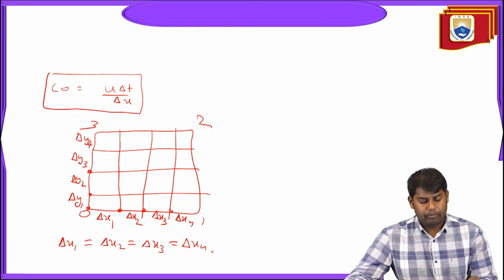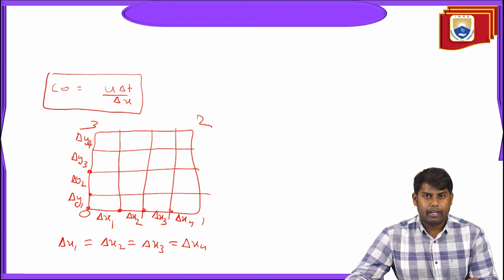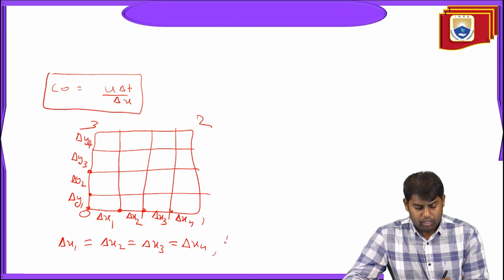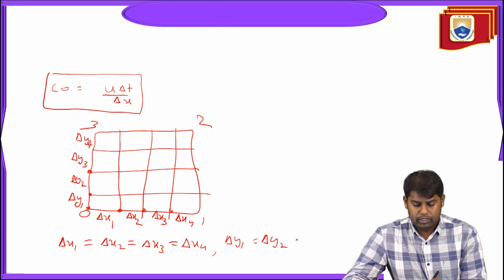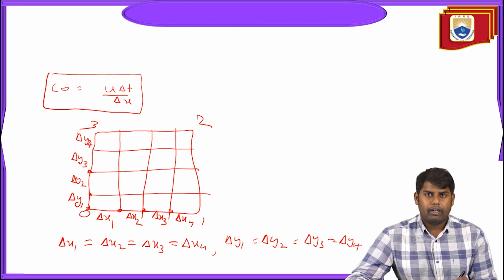Now take the same along the y direction: delta y1, delta y2, delta y3, delta y4. If delta y1 equals delta y2 equals delta y3 equals delta y4, then the spacing is uniform along the y direction.